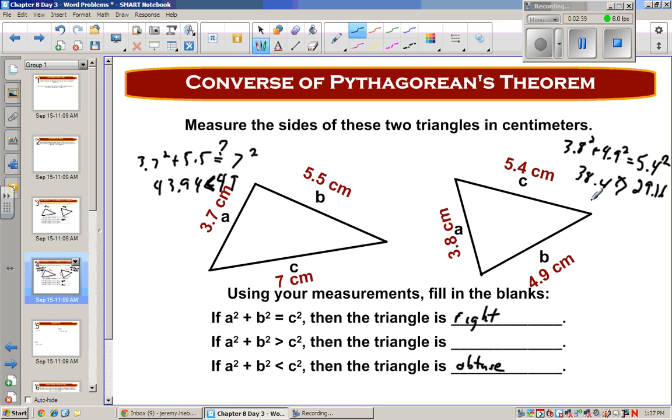If it's greater than, then it will be an acute triangle. I like to see it that C is not big enough, so it makes it acute.